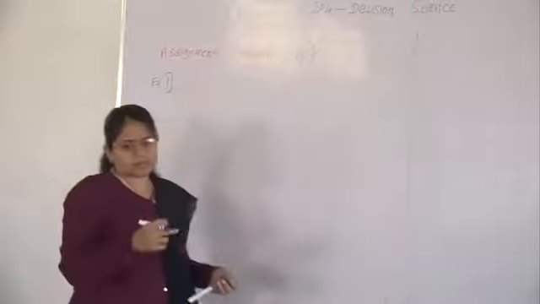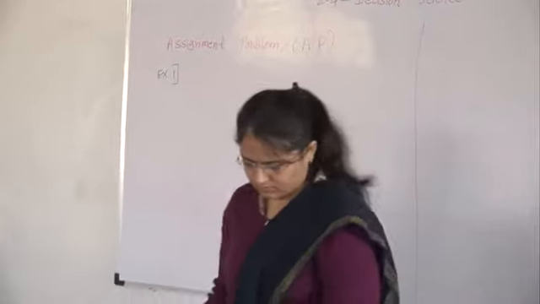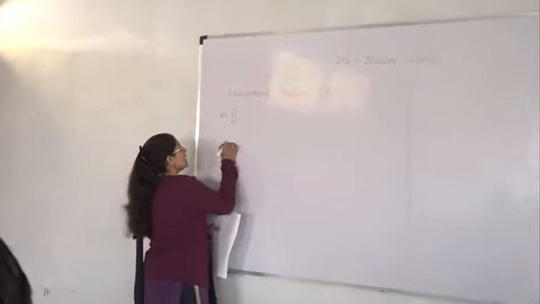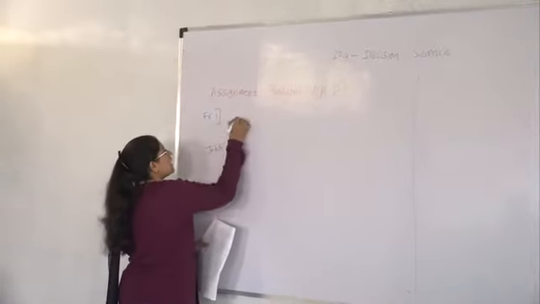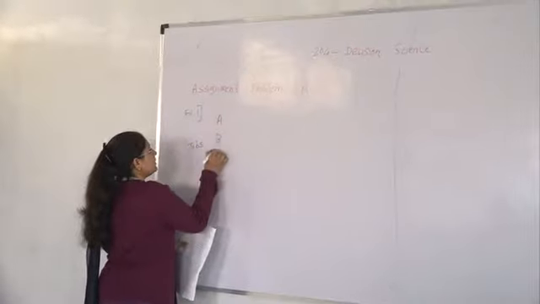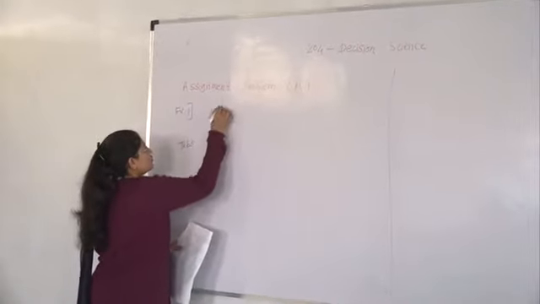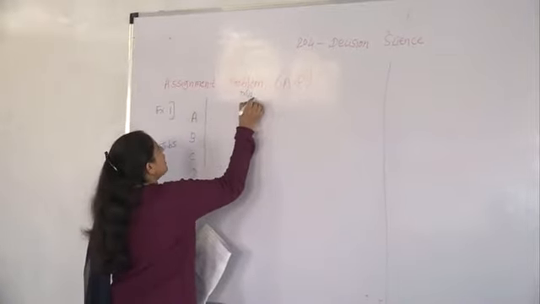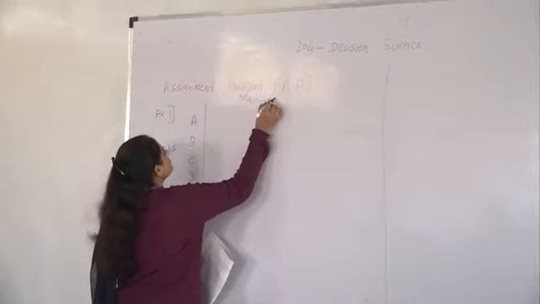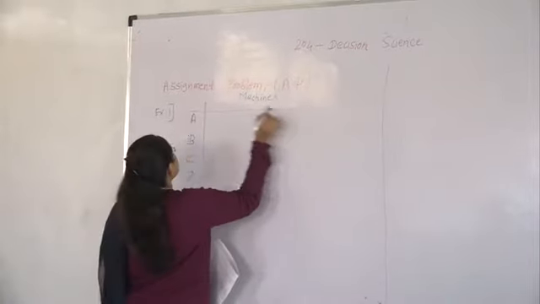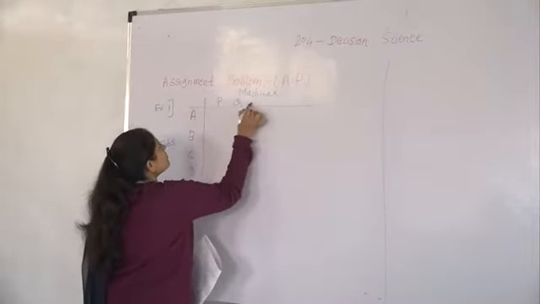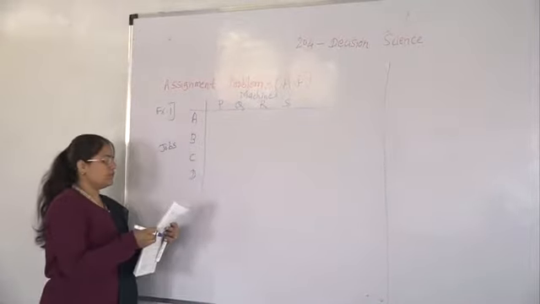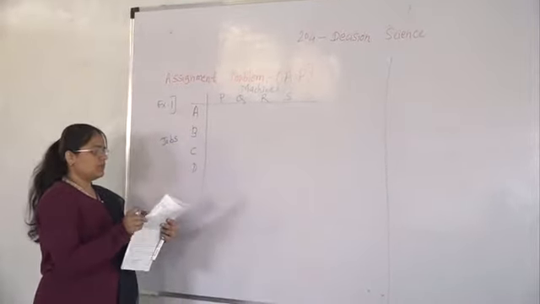See here the example. A production unit has 4 jobs A, B, C, D, and there are 4 machines P, Q, R, S, on each of which the jobs can be manufactured.